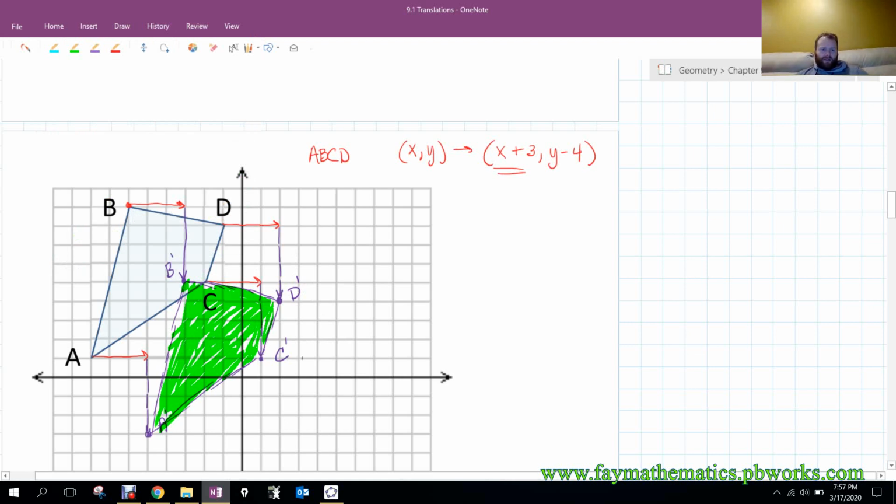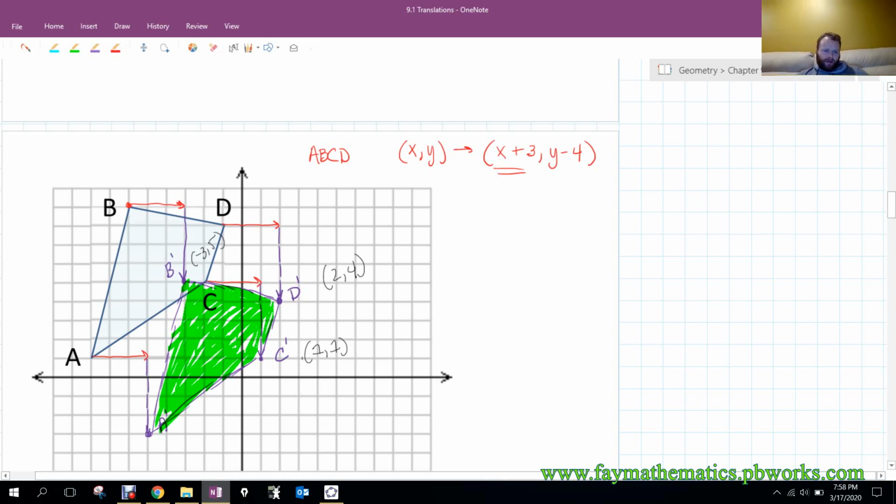So this ordered pair here, C prime, is located at 1, 1. D prime is at 2, 4. B prime is at negative 3, 5.